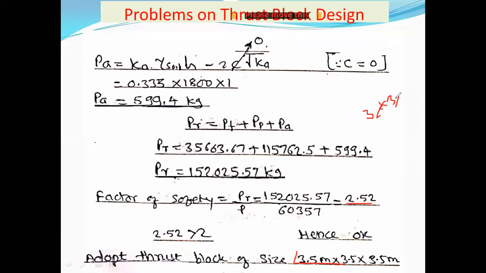Okay, and check whether the factor of safety is coming greater than 2. जर 2 पेक्षा जास्त येत असेल, then you can keep these dimensions. Okay, याच्या उलट पण आपण असे या ठिकाणी करू शकतो. 3 by 3 by 3 हे dimensions consider करा. If the factor of safety is coming greater than 2, then you can put this dimension.